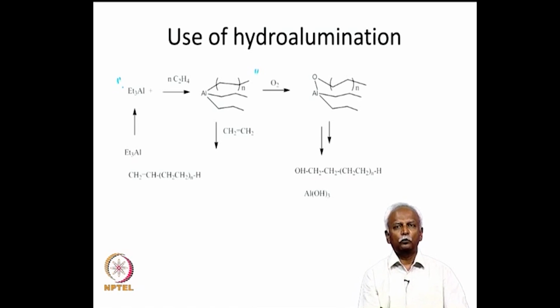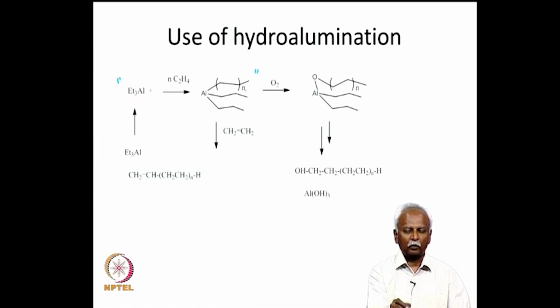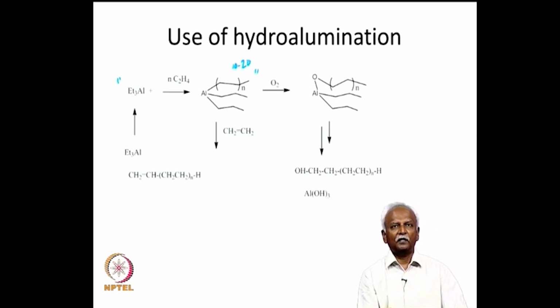And as I told you, the bulky alkyl group on the aluminum atom is unstable, so it would exchange with a linear group. So, if it keeps doing it, then a very long, not a polymer, but a very long oligomeric chain can be attached to the aluminum. As much as 10 to 20 ethylene groups can be attached.